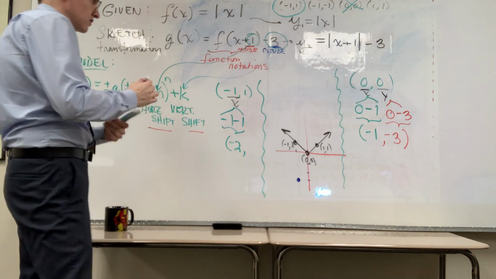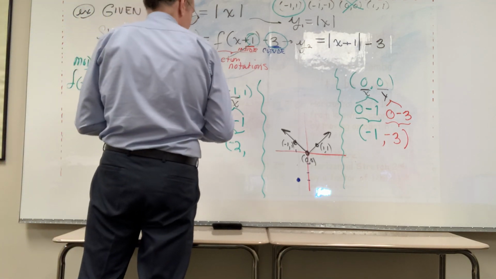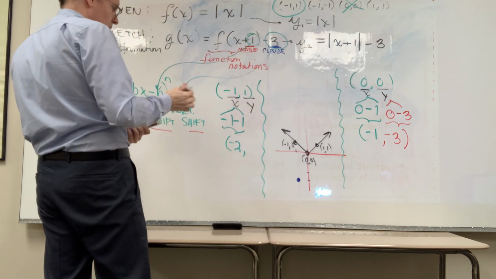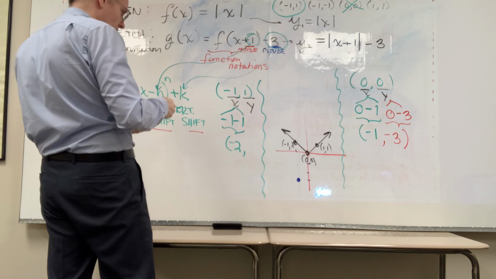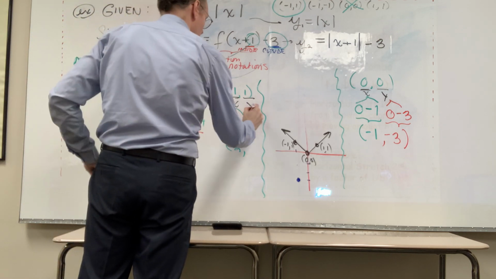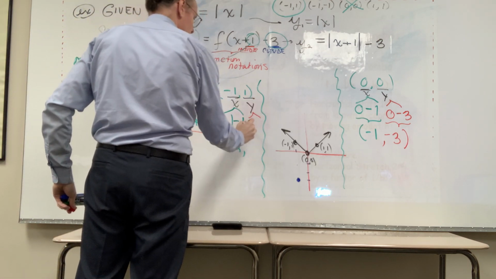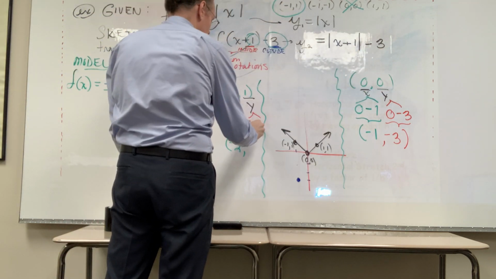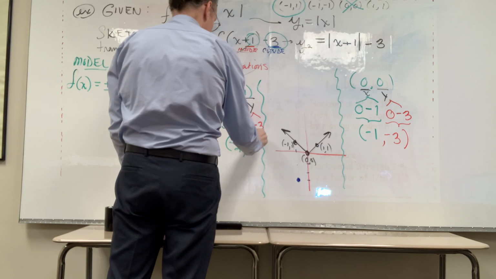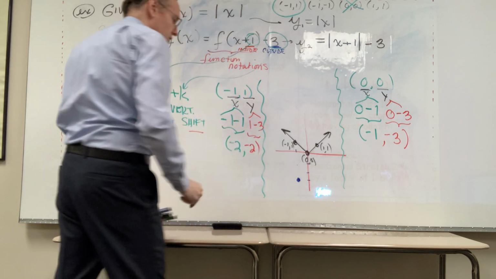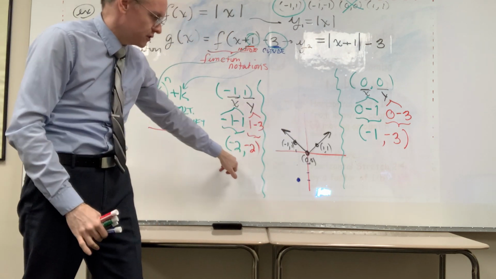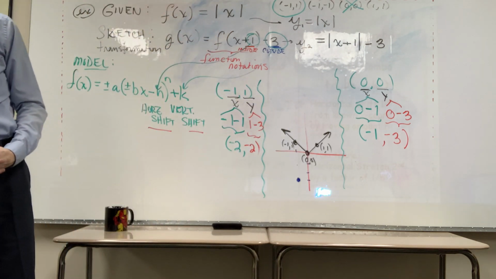Then if you're simultaneously dealing with the y value, you have this. This y value happens to be positive 1, and then we're going to intuitively subtract 3, which means that this is a negative 2. So you're going to put this particular dot now at the location of negative 2, negative 2.